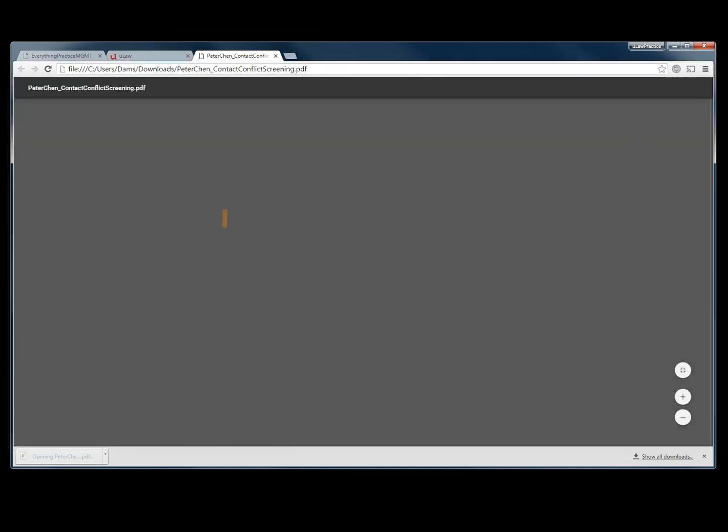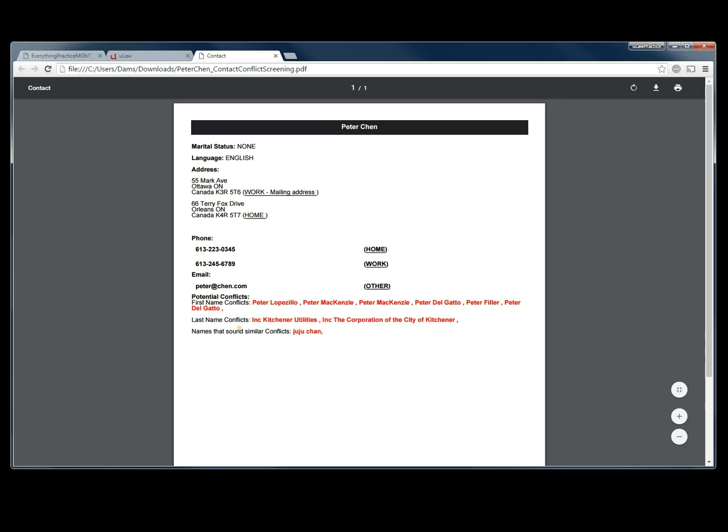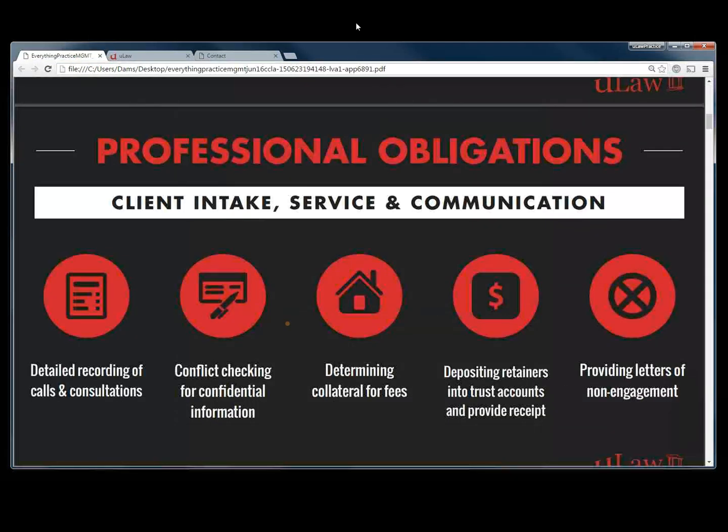For example, in this case, Peter could be Peter Chen, Peter this, maybe someone inside this corporation has a Peter, so a Chen and a Chen very close to each other. A document like this is very helpful to make sure you have documented how you did the conflict check.